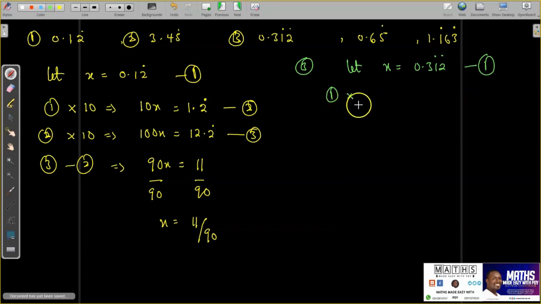So we multiply equation 1 by 10, and that will give us 10x is equal to 3.12 recurring, with the bar on top of the 1 and then the 2.